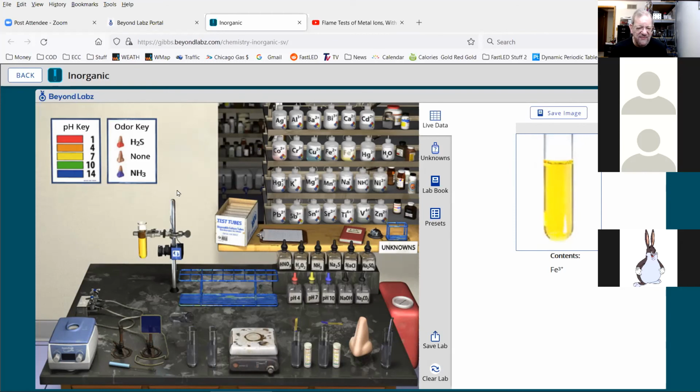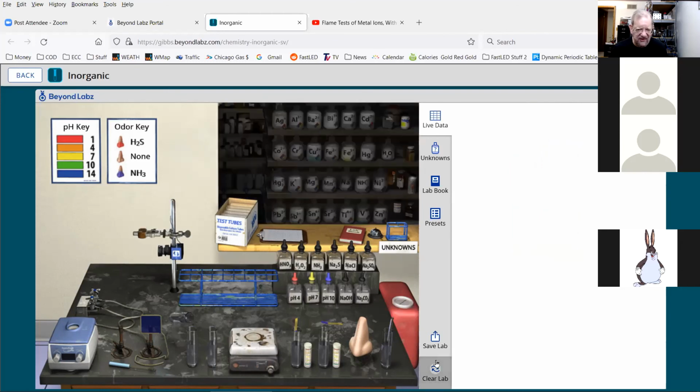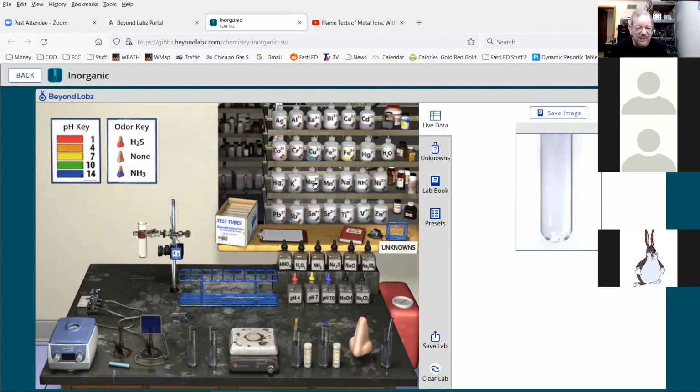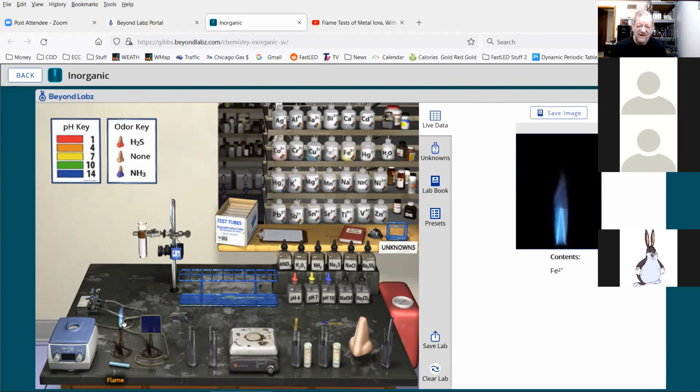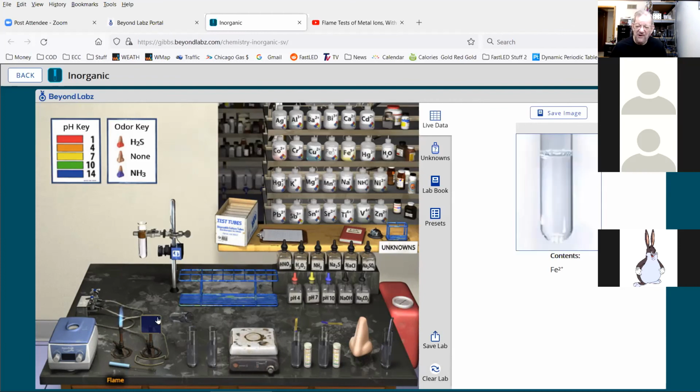All right, let's do iron +2. I think that's what I have in the lab. And now it's in there. I'm going to click on the Bunsen burner flame. And you see it's white with sparkles. The sparkles aren't that good in real life. The sparkles come out real good. And that's how you do the flame test in Beyond Labz.